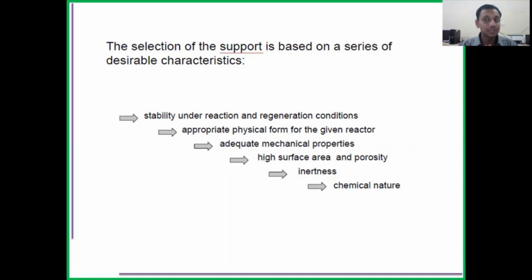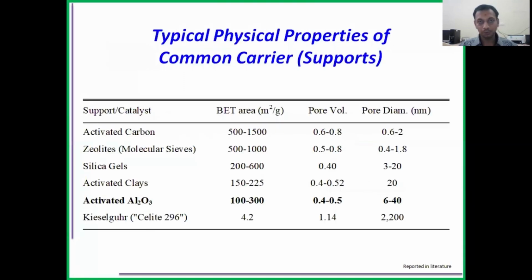At that time, the mechanical stability of the catalyst at that temperature and pressure is most important. Also high surface area and porosity. Another very important factor is inertness of the catalyst. It cannot be mixed with your reactant. Otherwise, the inertness will go and it can mix, then you can get impurity in your product at last. So chemical nature is most important.